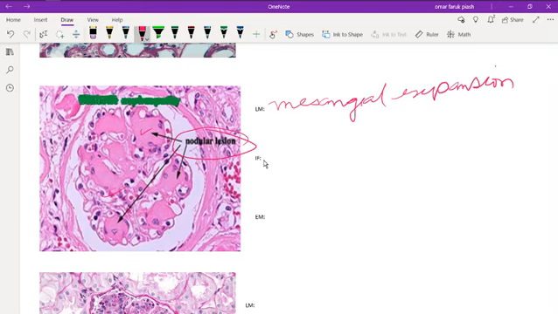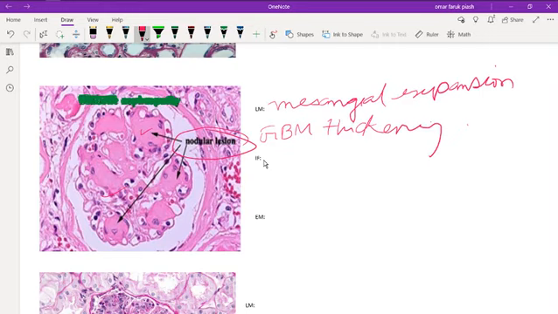On electron microscopy, it is mostly diagnosed by mesangial expansion and glomerular basement membrane thickening, and there is formation of a nodule called the Kimmelstiel-Wilson nodule.